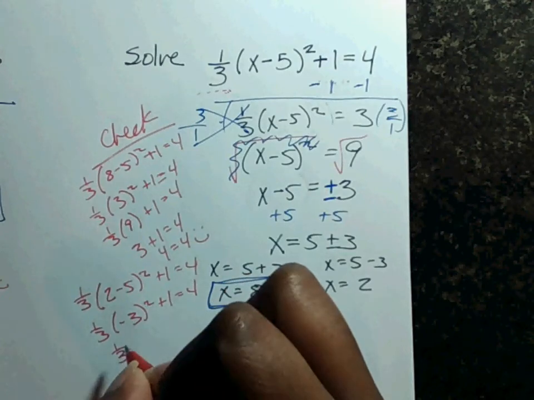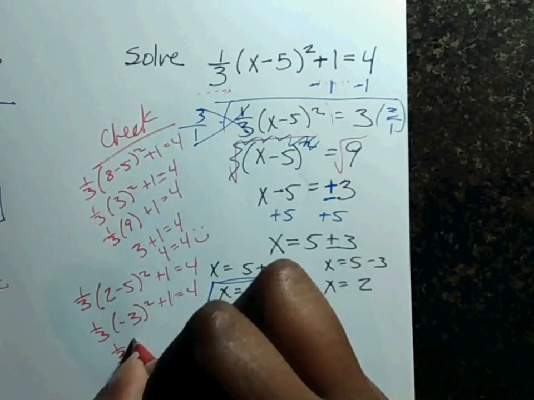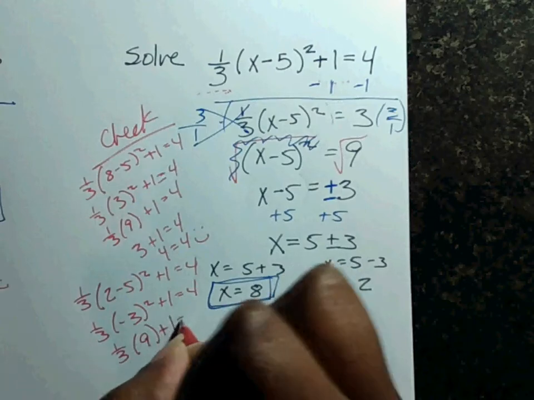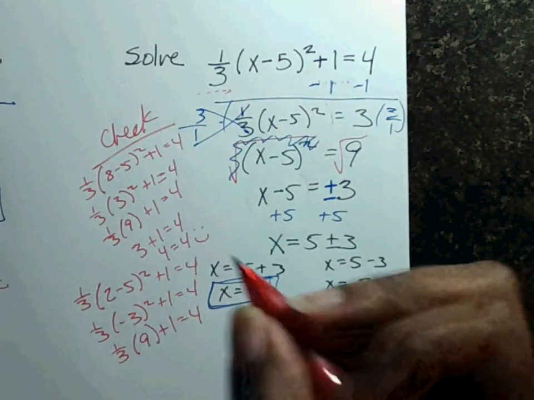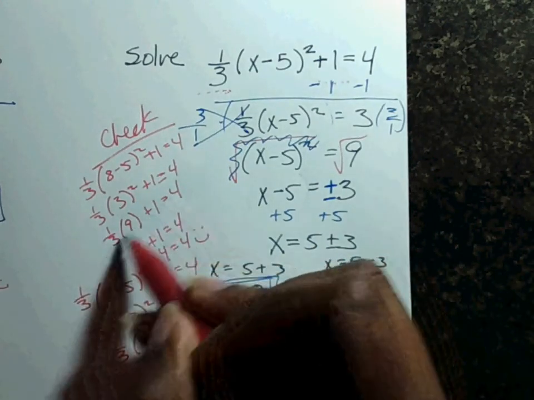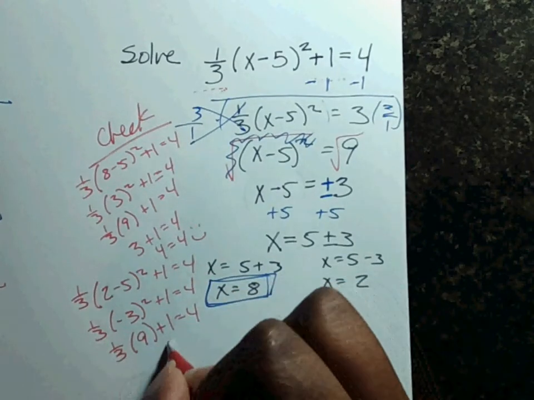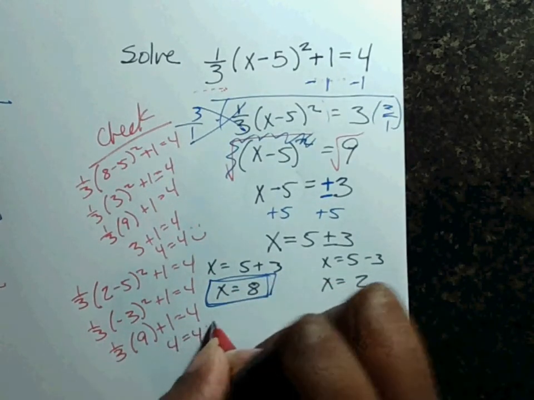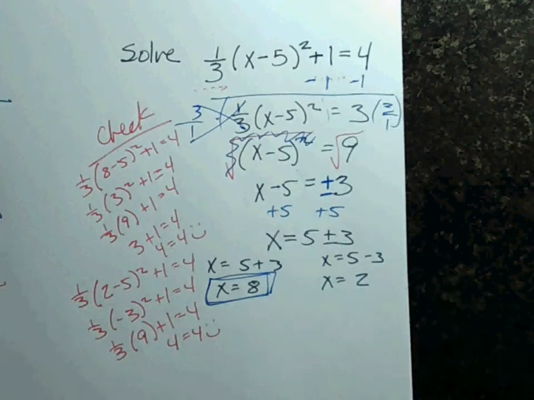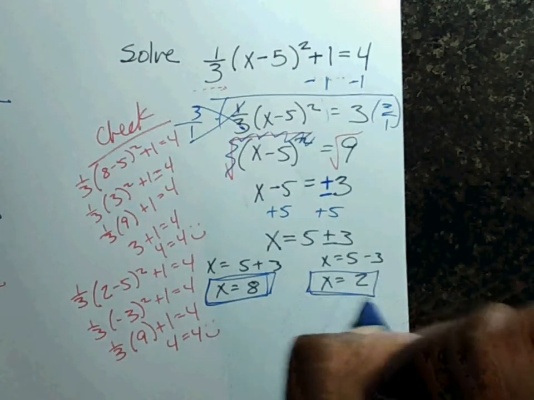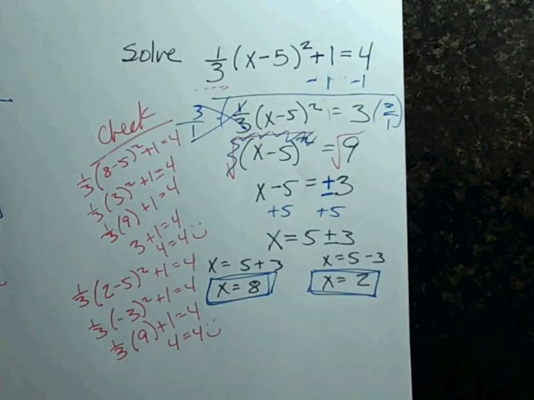Order of operations. I'm done. I'm stopping. I just did that step. This step right here is the same as this step right here. So I already know that it's going to end up being 4 equals 4. Bam. Both of them are my answer.